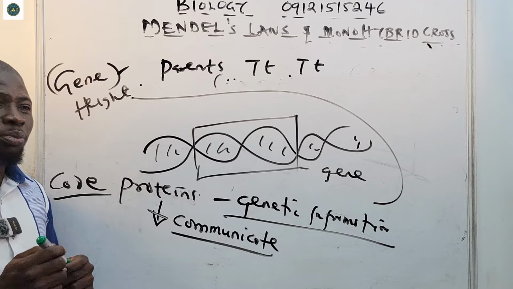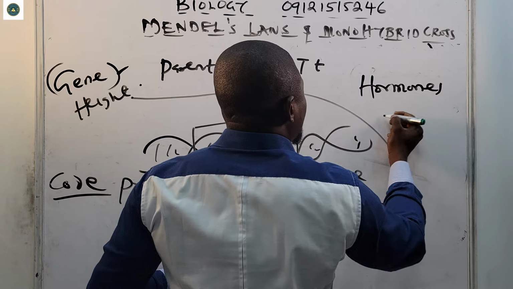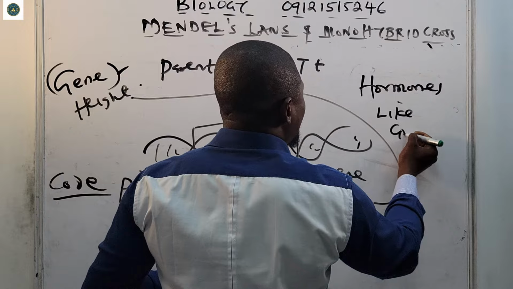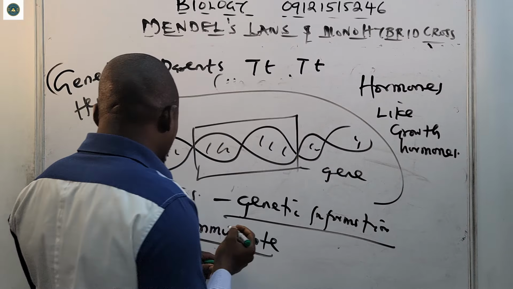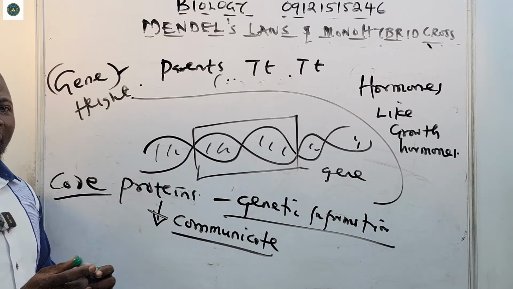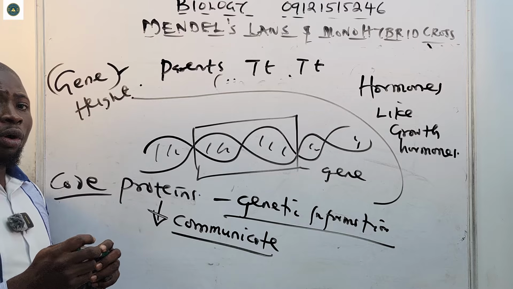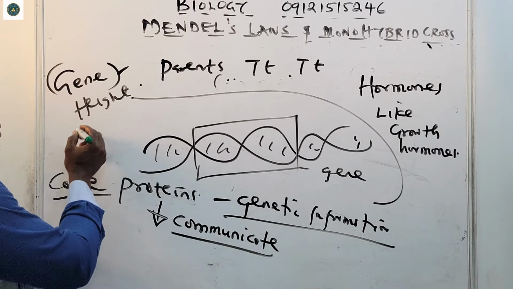These proteins could be in the form of hormones, for example, growth hormones. In plants, we have auxins.